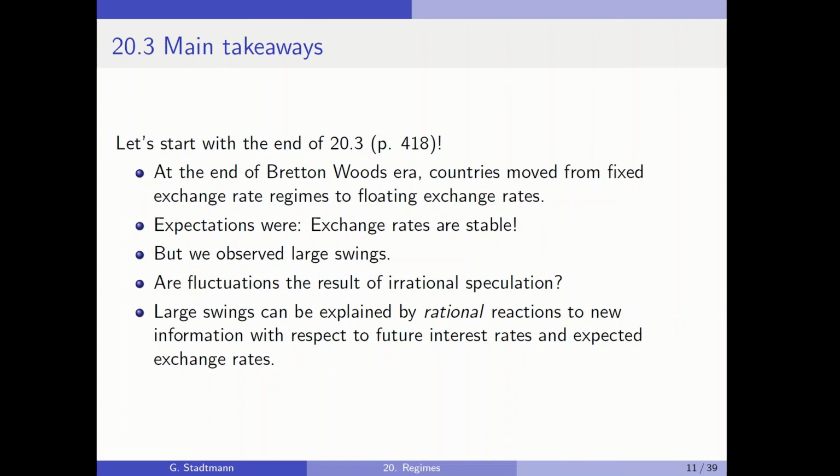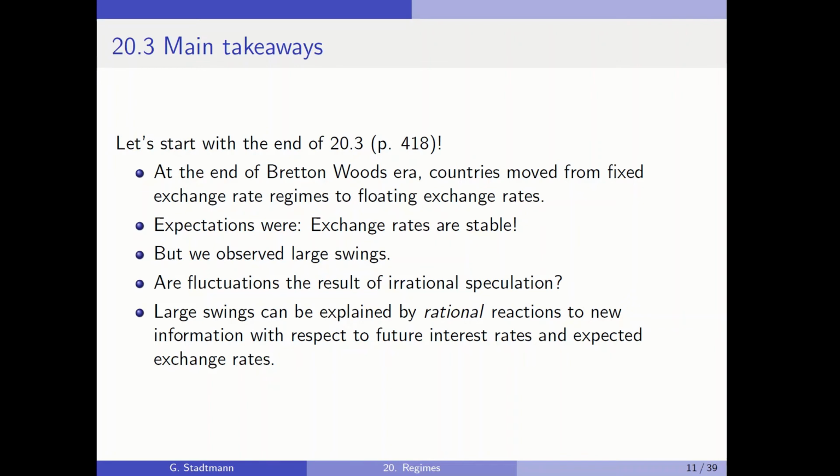So in the 70s and 80s, we observed large swings. In the beginning, we were not able to find out whether these huge fluctuations are the results of irrational speculation or whether we can explain them in a rational way.